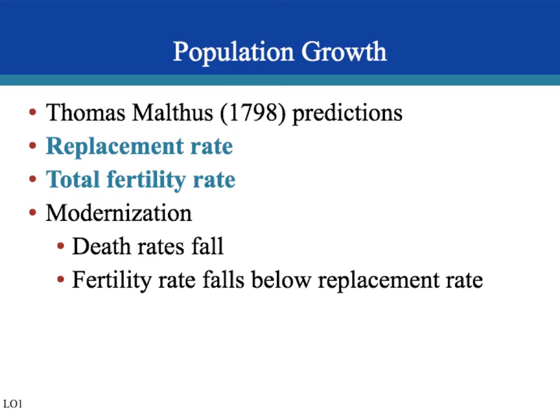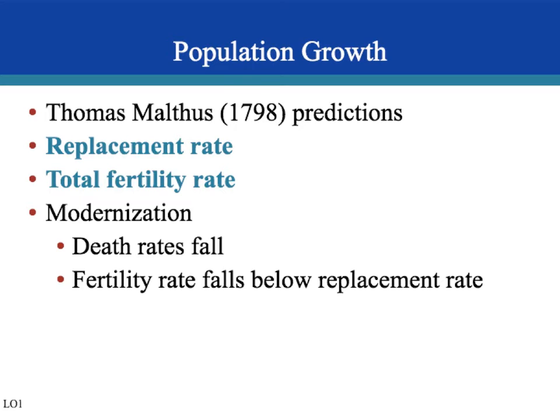Okay, so what ended up happening is that with an increase in living standards, the total fertility rate began to decrease, and in fact, the replacement rate has also decreased. Okay, so replacement rate: in order for a country's population to replace itself, each woman needs to have 2.1 children.